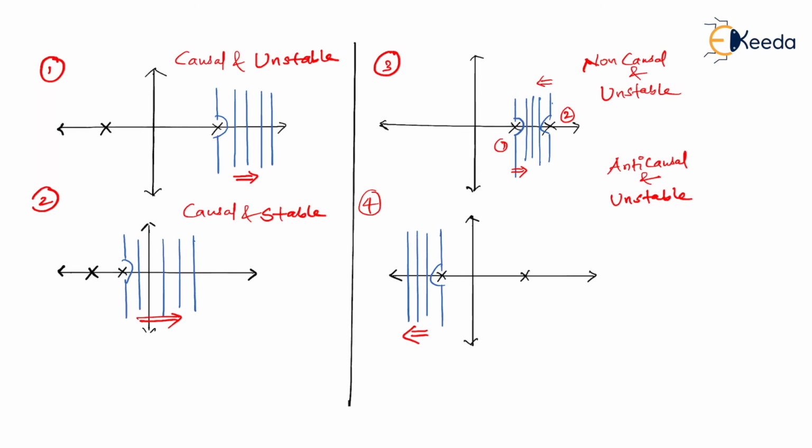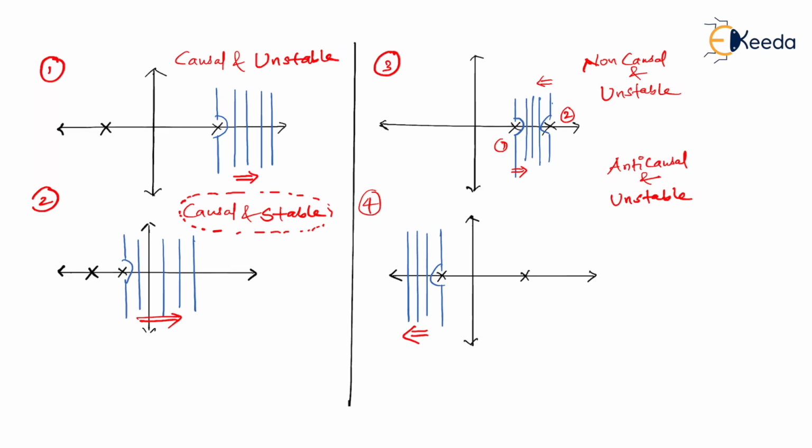And last, ROC is towards left hand side, and when ROC is towards left hand side, then it is anti-causal. And now from this, I come to a very final conclusion, that is, if you want your system to be causal as well as stable, listen to my statement very carefully. If you want system to be causal as well as stable, then all poles should be present on left half of the S-plane.